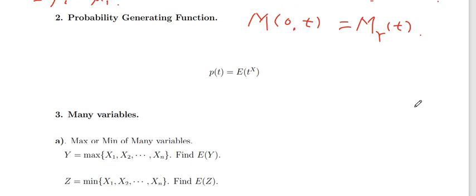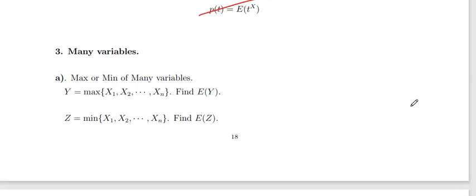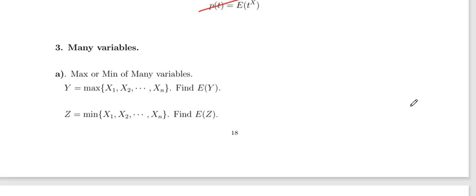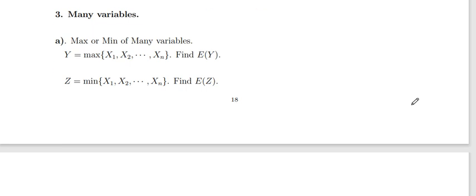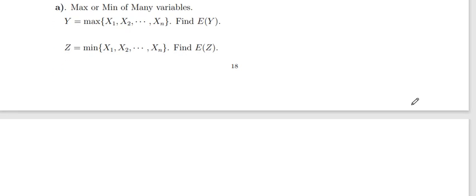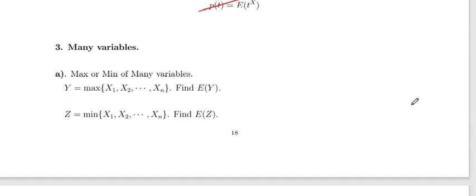So there's a probability generating function. I haven't met this. So if we have many variables, we can find the maximum or minimum. So we can find the maximum's or minimum's density function or cumulative function. So here for y, let's say we can find this cumulative function for y.